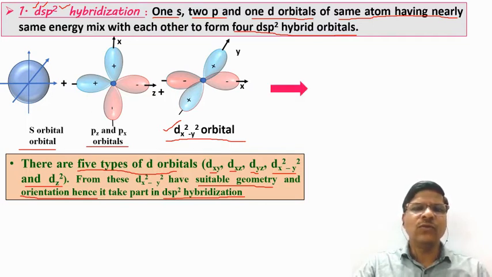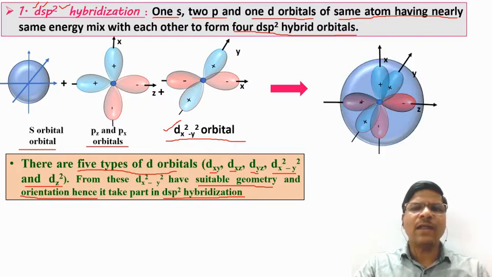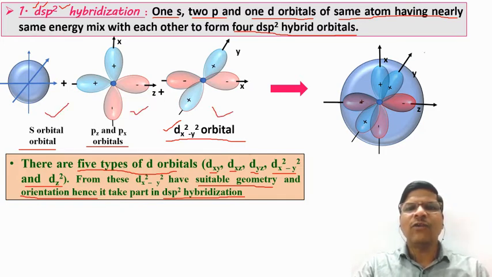So these 4 orbitals are involved and we get the dsp2 hybrid atomic orbitals. We have shown these orbitals separately here, but in an atom these orbitals exist together.